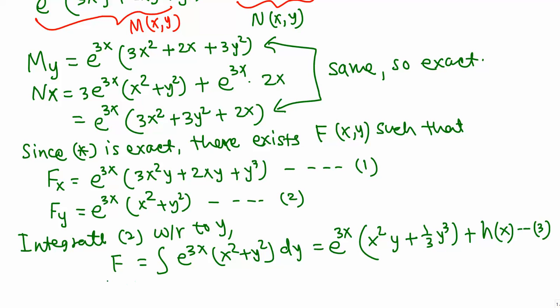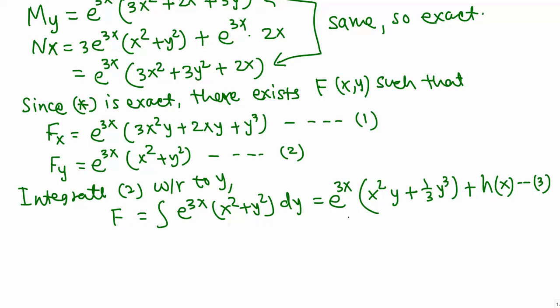Okay, then the solution is f equals c. This function equals c, but we need to determine h. For that we make use of 1. In 1 we have f_x, the partial derivative of f with respect to x. So let's find the partial derivative of this function with respect to x. Here's a product, so we need to use the product rule, because this is a function of x and this is also a function of x.